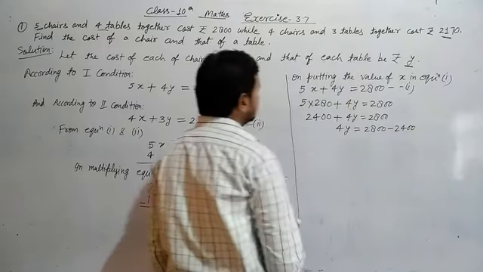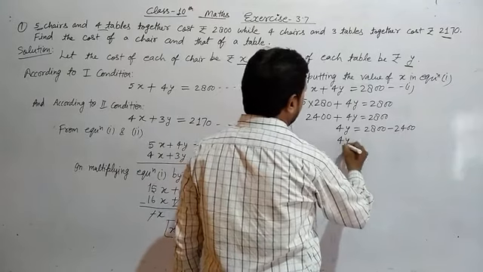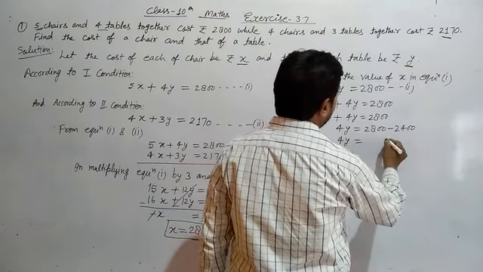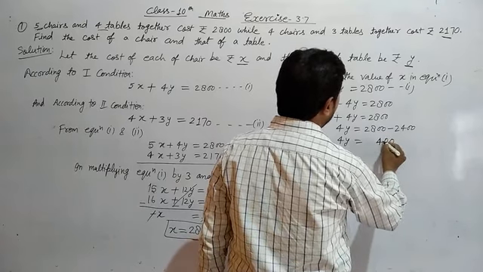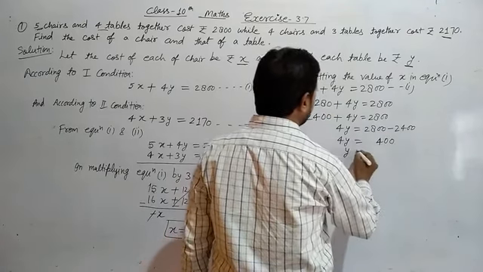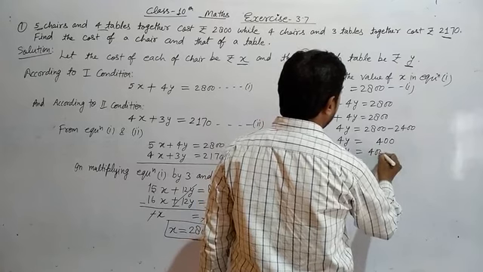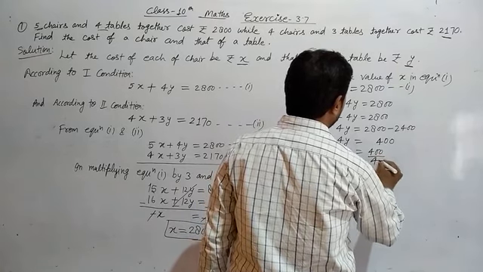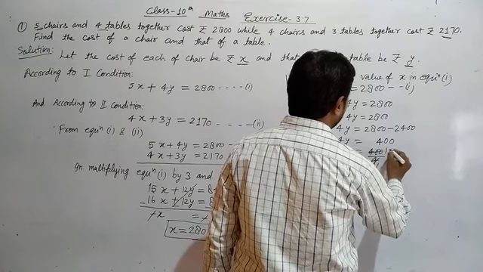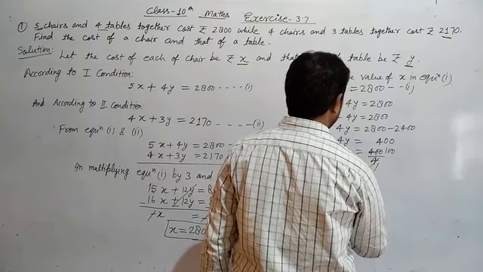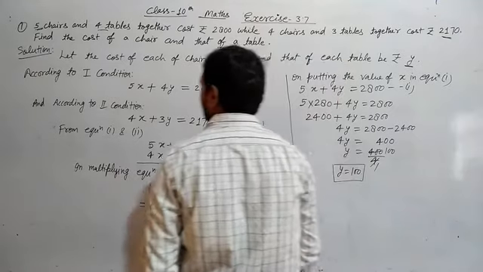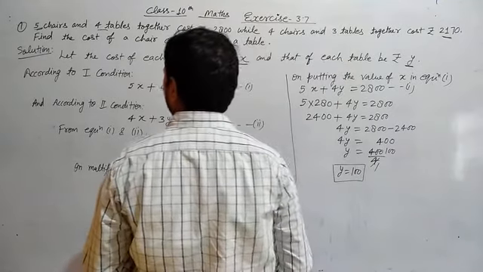So see here, 4y is equal to 0 0 4 here, and 8 minus 4 is 4, 2 minus 0. Means y is equal to 400 upon 4. See here, 4 under 4, 4 under 100. Means y is equal to 100. See this value, y is equal to 100.